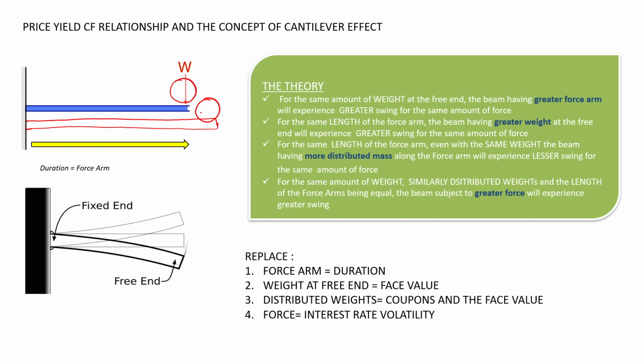This is ball A, this is ball B, and with the same force, this is force B applied here and this is force A applied here, where force A is equal to force B. In this case, what will happen? You've understood it correctly. The beam with longer length will again swing more violently than the beam with a shorter length, right?